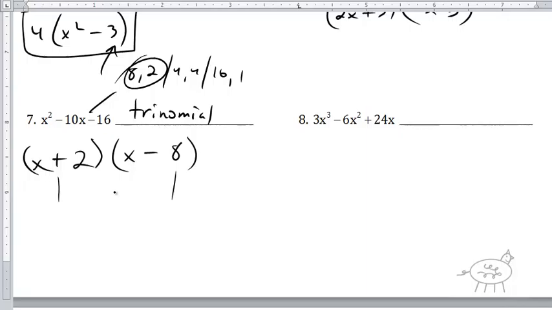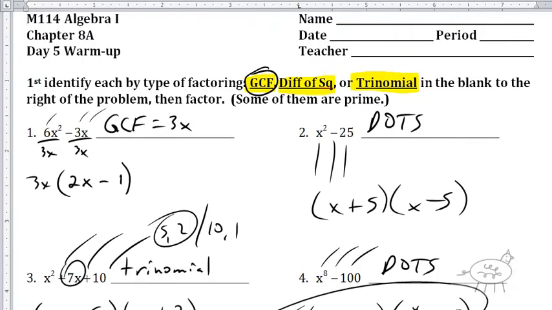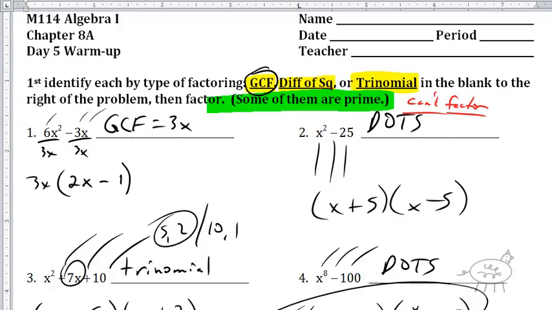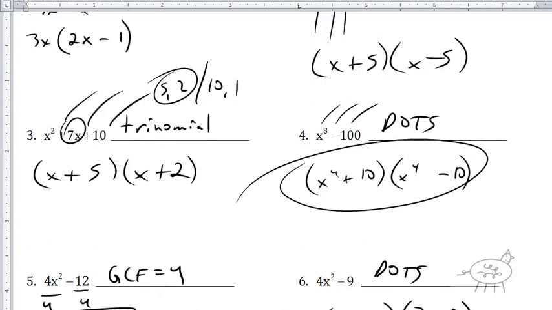Now I want to point something out, which was right at the beginning here. Let me go up here. It says in green, I'll highlight it, some of them may be prime. Prime means basically can't factor. That's what prime is. So we go back to our original problem.